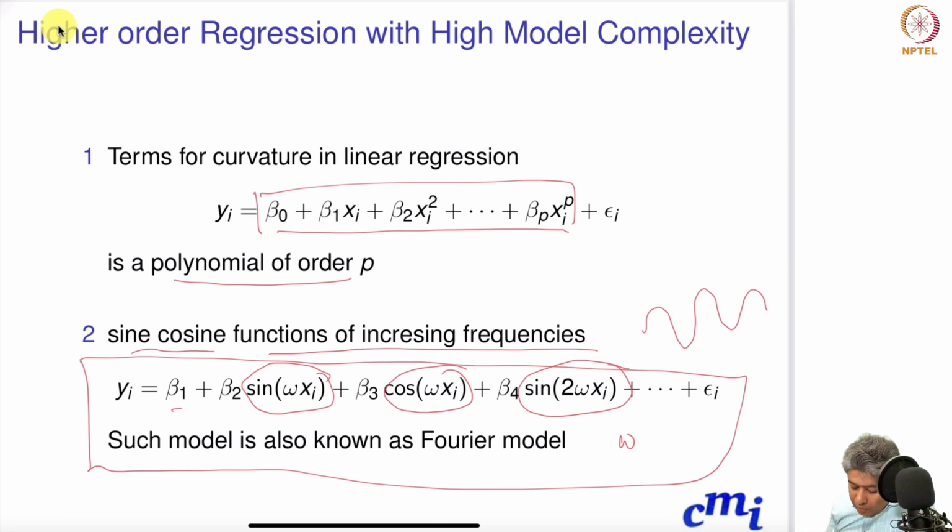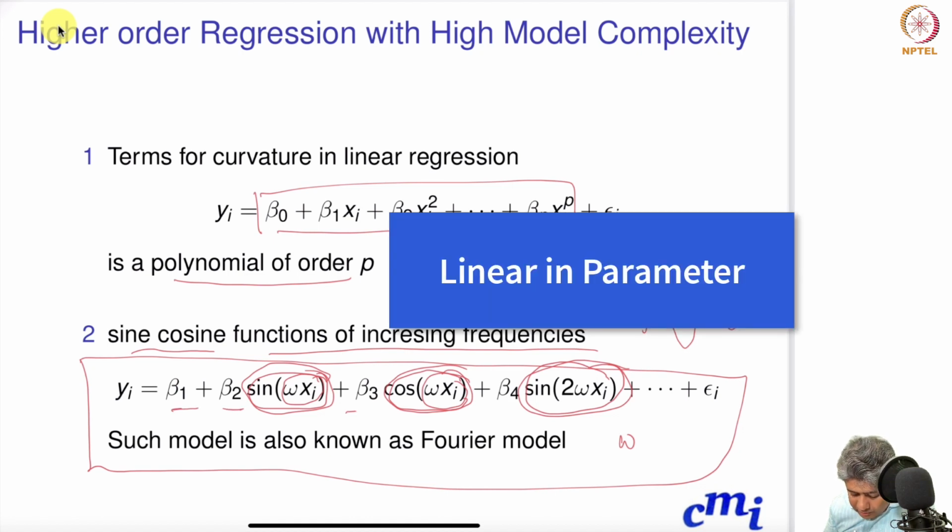Because if you know the value of omega, then you know omega xi, you know what sine omega xi is, and you know what cos omega xi is. Similarly, all these terms are known to you. And as you know all these functions, the model is linear in parameter.